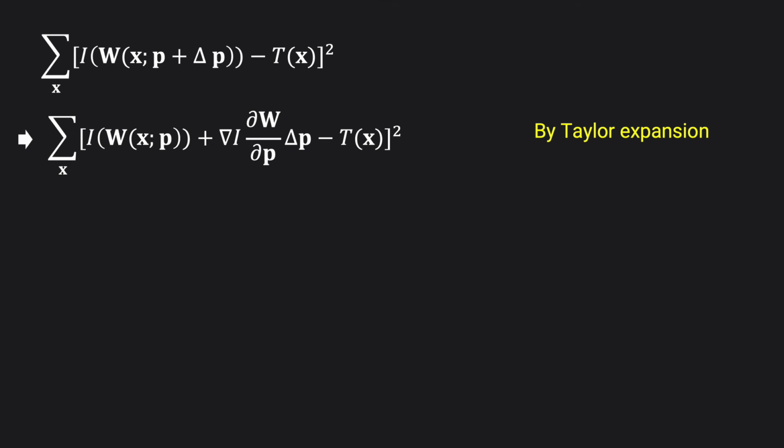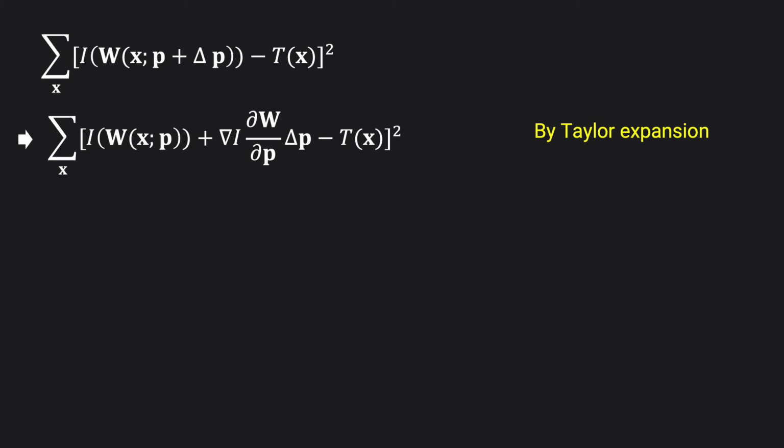First of all, we can still use our old trick, taking the first order Taylor expansion to linearize the warping of the first image. Then we can get a new least squares problem.